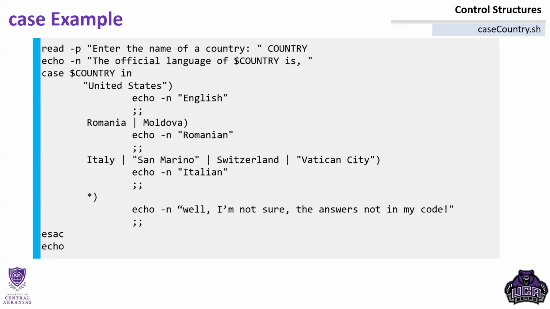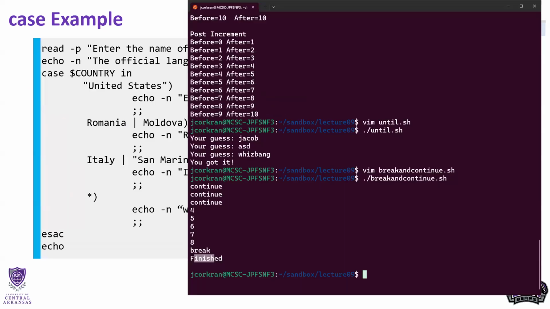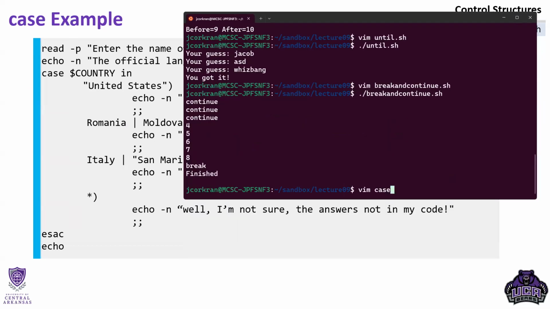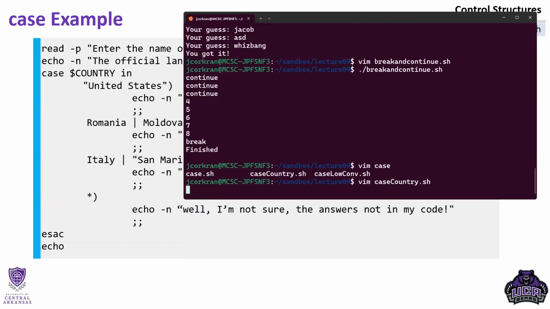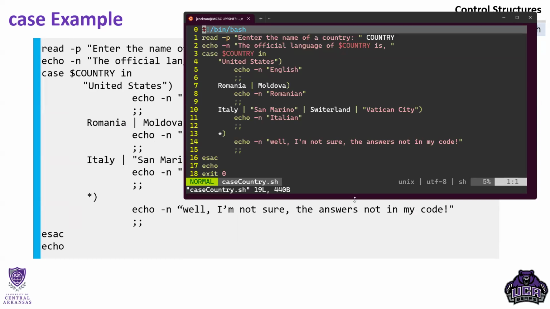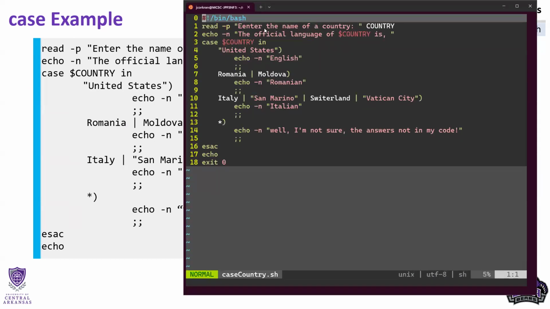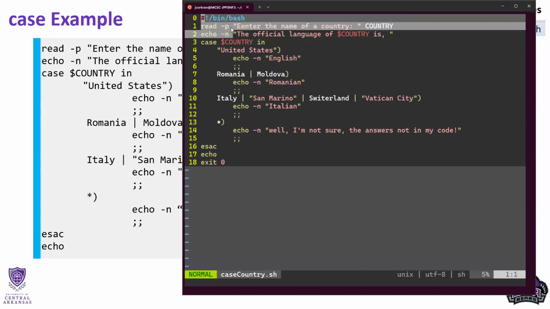All right, so here is an example we can actually walk through with a little bit more stuff in it. So let's, forgot the name, case country. All right, so we got a read at the top here. And again, this is the variable that we're using.